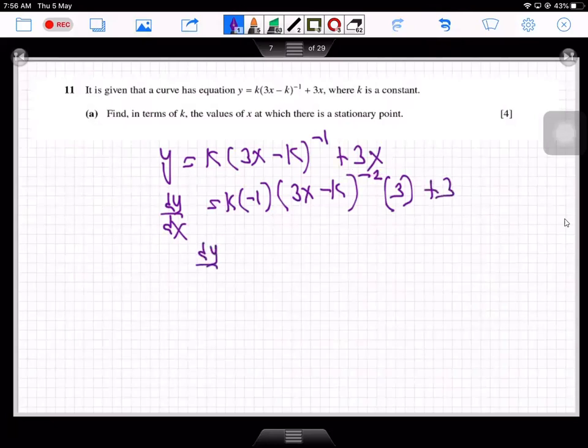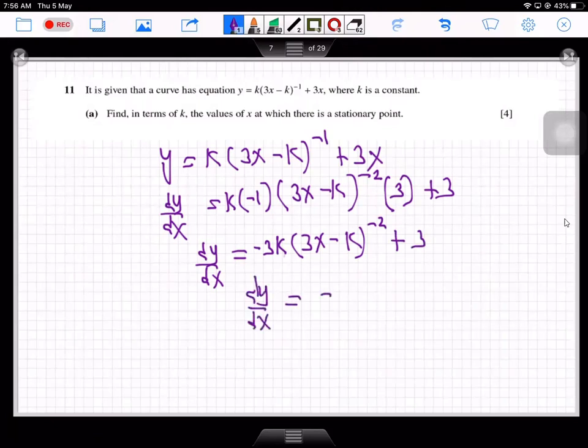So dy over dx is minus k multiplied by (3x minus k) raised to the power minus 2, multiplied by 3 as well, so I will just write minus 3k as a constant term, and then plus 3. So dy over dx is equal to minus 3k upon (3x minus k) whole squared, plus 3.